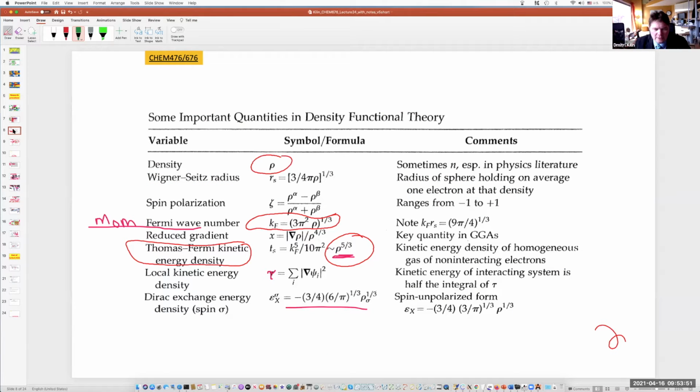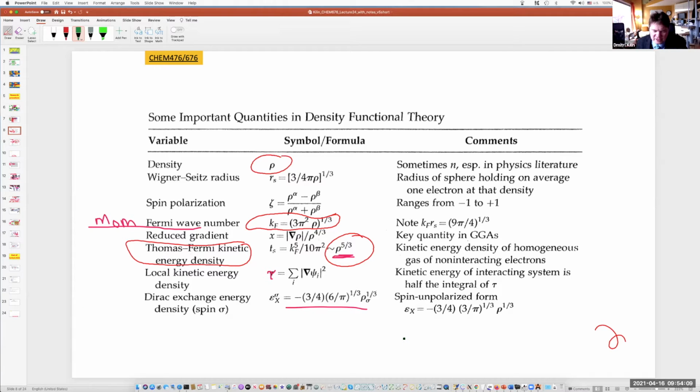Two lectures ago, we considered explicit expressions for functionals, how the density is converted into energy, or the potential.